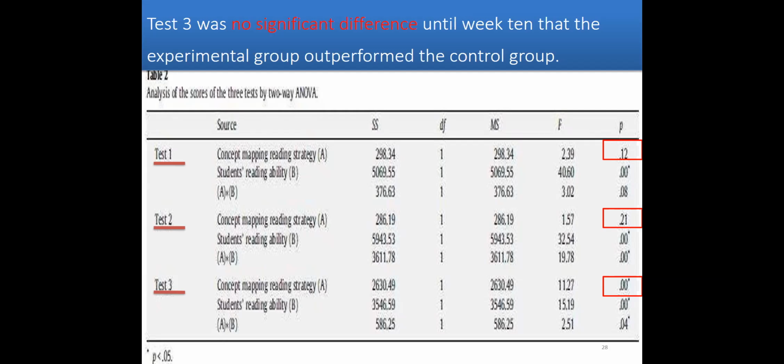So it's not until week 10 that the experimental group outperforms the control group in test 3, where the value is 0.0.